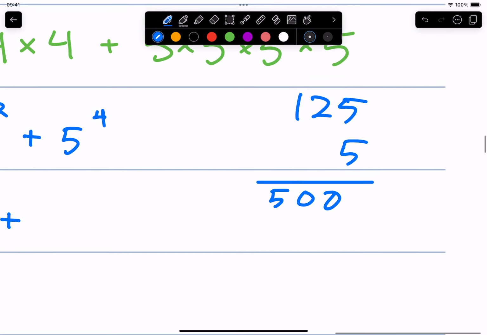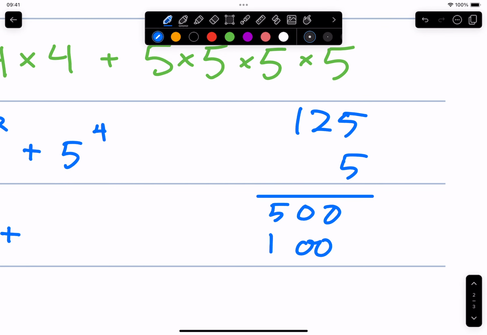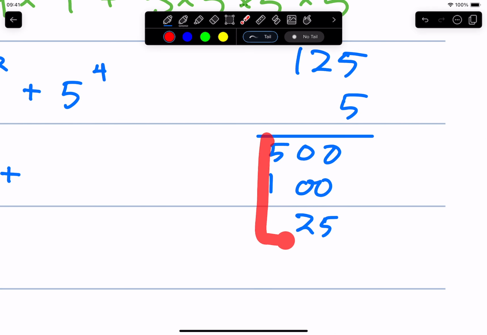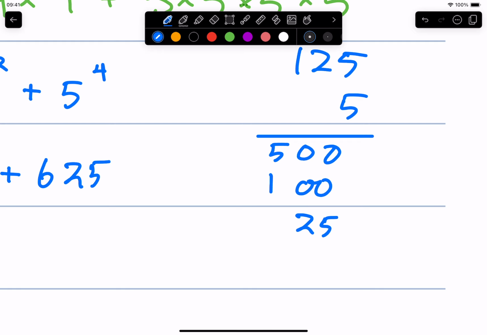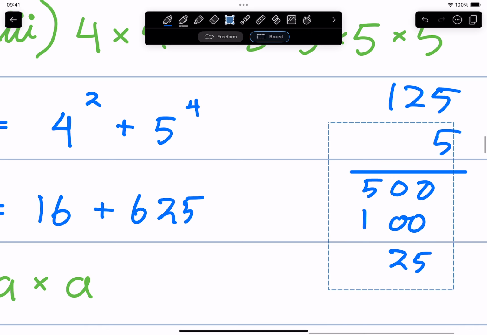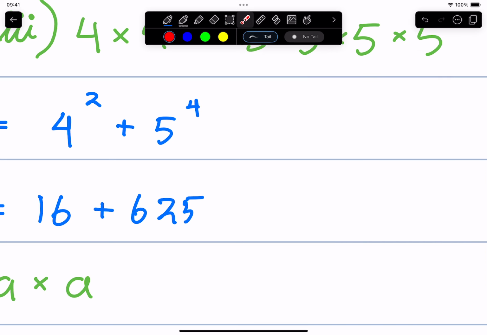So 5 times 20 is 100. And 5 times 5 is 25. Adding all of these together, we can easily see that that is 625.